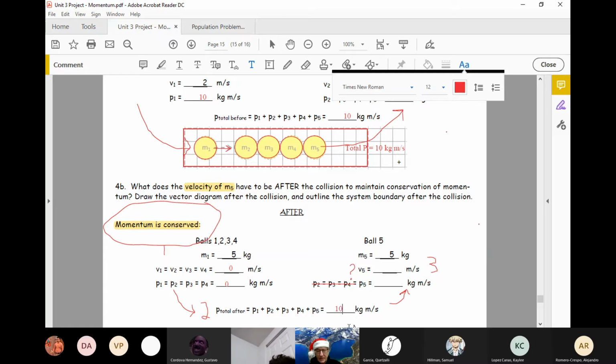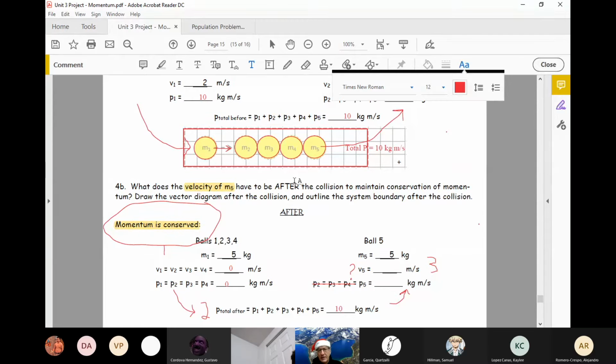So it takes a little reasoning on that one. It's not actually doing math right here. It's thinking about this law of conservation of momentum. And like I said, when you do page 16 on your own, you're going to have to take this same approach. In order to find the velocity, that's what we're trying to do, right? What does the velocity of M5 have to be? In order to find that, we have to work backwards here. And the way you work backwards is remembering that momentum is conserved.